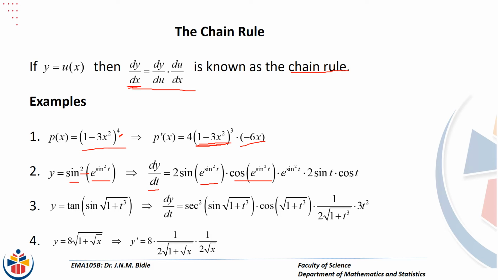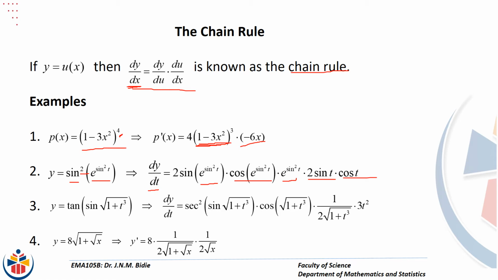We know the derivative of e to the power x is always e to the power x, whatever the expression for x is. So the power of e remains the same, e to the power sine squared t. Then you multiply by the derivative of the power of e, sine squared t, which is 2 times sine t multiplied by the derivative of sine t, which is cos t.